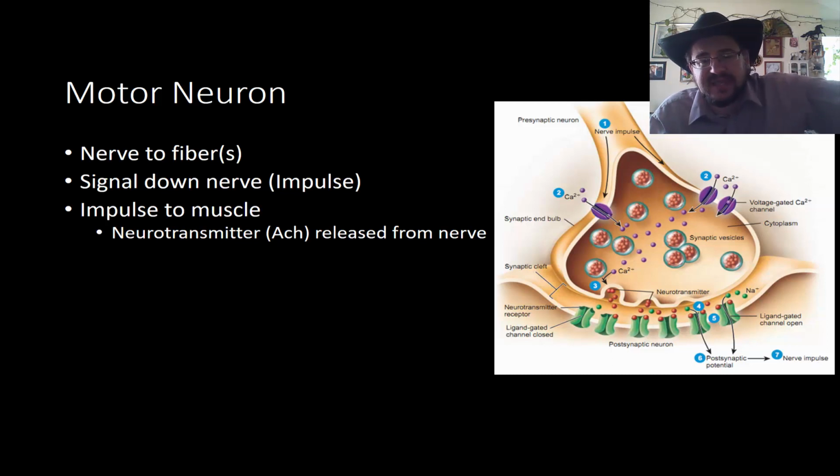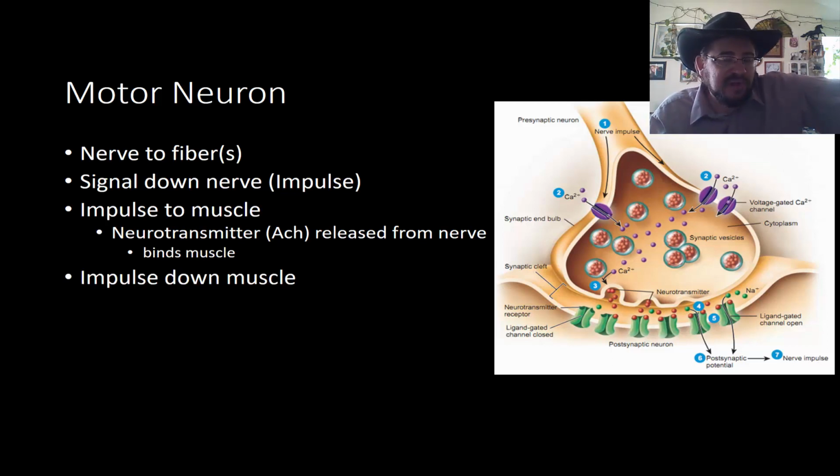Basically what happens is the impulse comes to the bottom. And here in the synapse, we release acetylcholine across the little synapse. The acetylcholine binds to the muscle, and then the muscle generates an impulse that travels along the membrane of the muscle fibers. And the impulse traveling along the muscle fiber causes contraction.